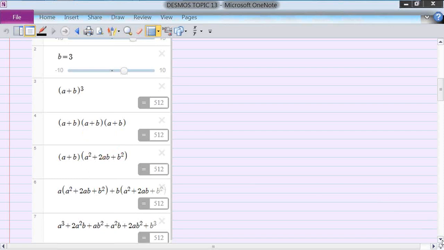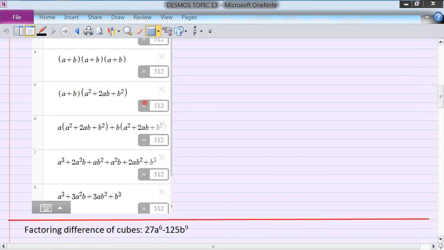Now what I've done simply is to take a and multiply it, using the distributive rule, by all of this term, which I did over here, and then take plus b and multiply it by all of the second term, which is right here. And you can see, I'm sorry, the bracket here is not shown very clearly, but it is there. This number is the same as that.